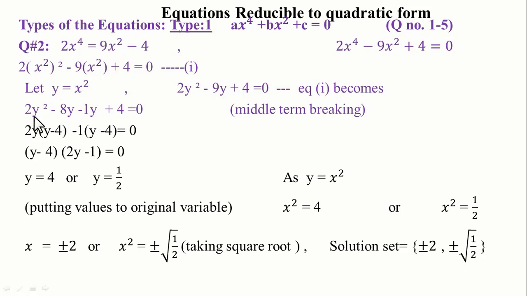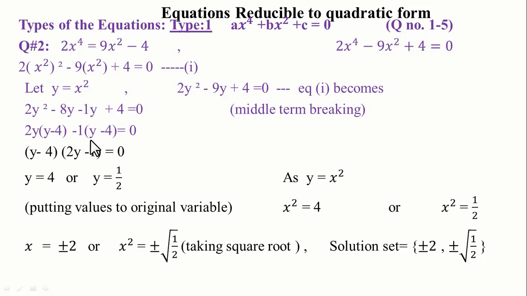Taking common in the first two terms, 2y is common and the remaining term is y minus 4. Similarly, minus 1 is common, then y minus 4. So we have 2y into y minus 4 minus 1 into y minus 4 is equal to 0.